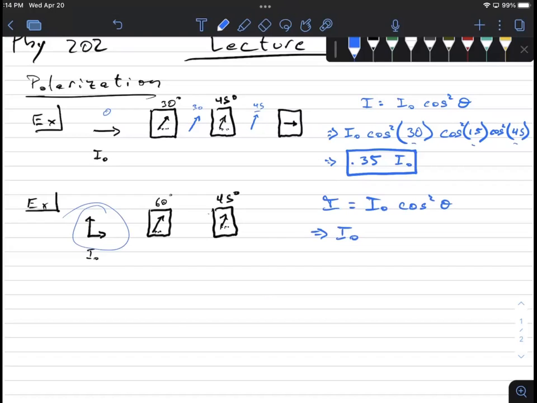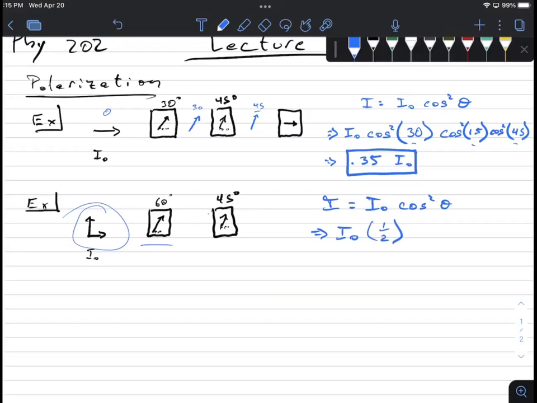That basically means that no matter what filter you put in front of it, half of the light will be blocked and half will be getting through. So this first filter, instead of having a cosine squared for him, like I normally would, I don't need it because I know the answer for the first filter. It's automatically a half.